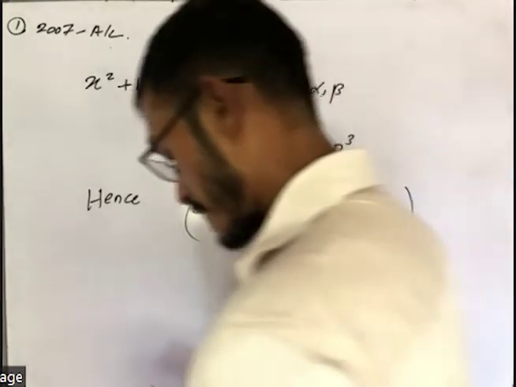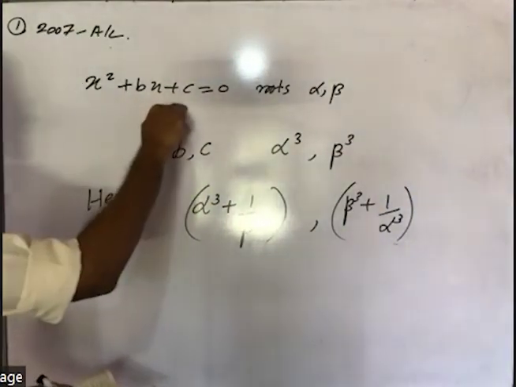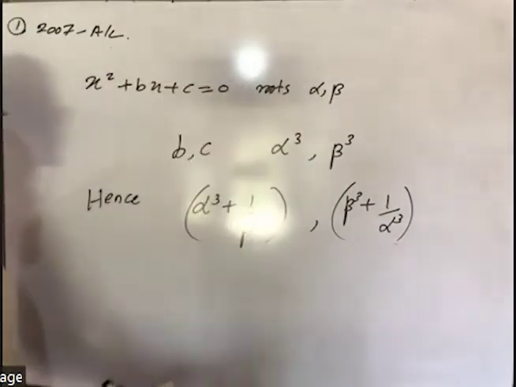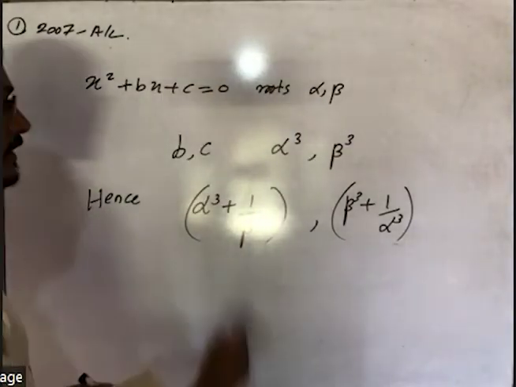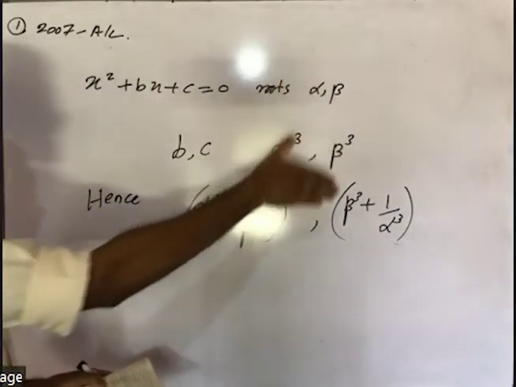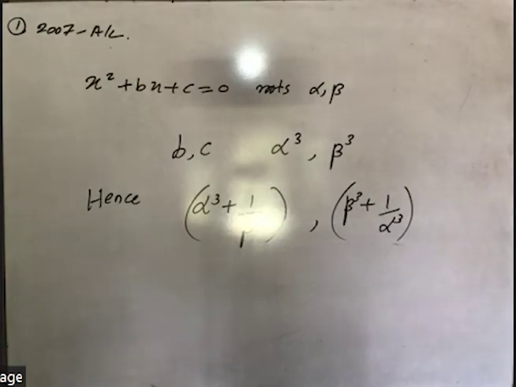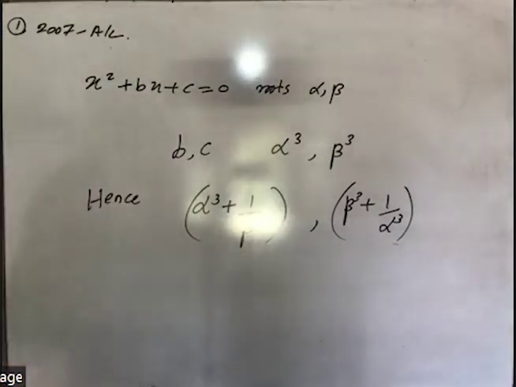So first they have given a quadratic equation, x square plus bx plus c with roots alpha and beta. Right? Now, in the first part they are asking to find the quadratic equation with roots alpha to the power 3 and beta to the power 3. That means you have to simplify that using the formula we have given.